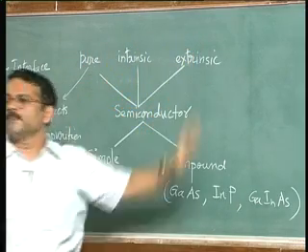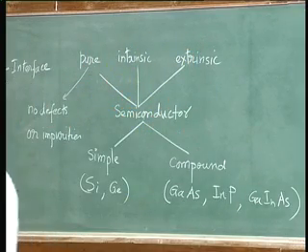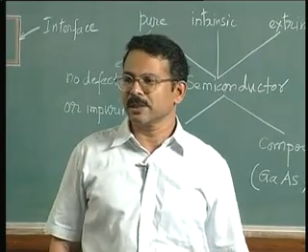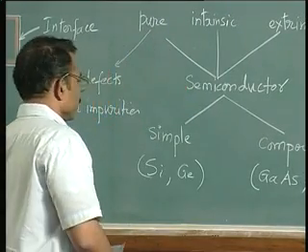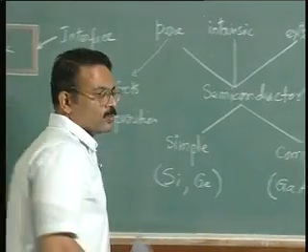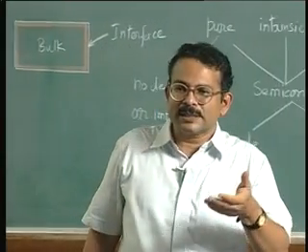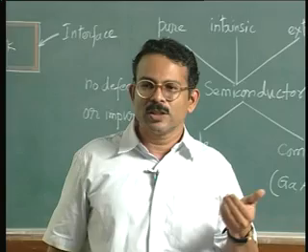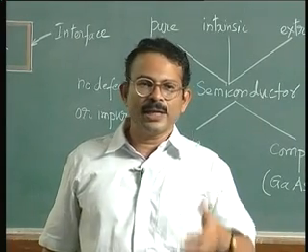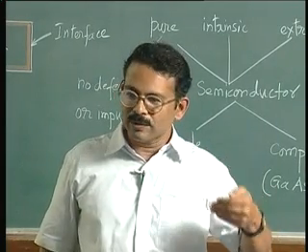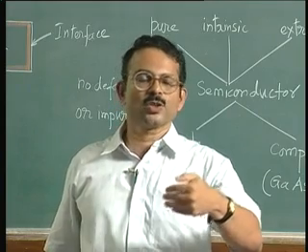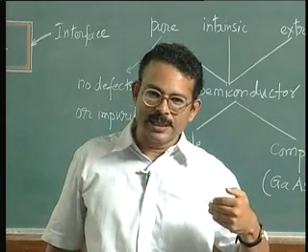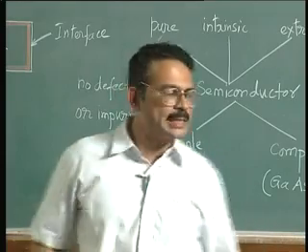Extrinsic means defects and impurities are present, and under equilibrium conditions, electron and hole concentrations are not the same. So it is obvious that an extrinsic semiconductor is more complex than an intrinsic one. So you need to proceed in a progressive fashion from simple to difficult. That is why we will start with the intrinsic semiconductor first and then go to the extrinsic semiconductor.